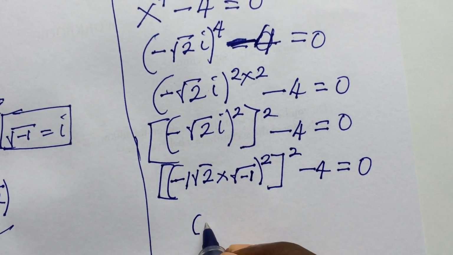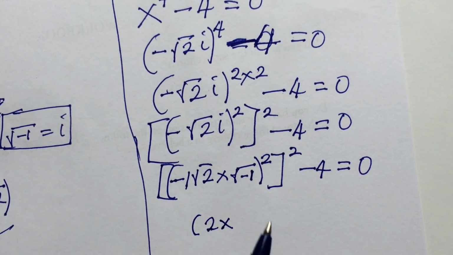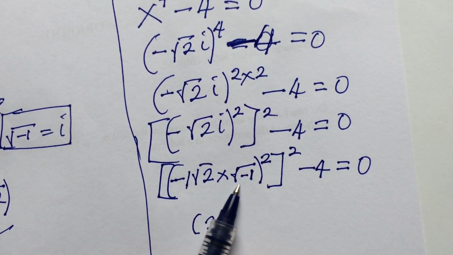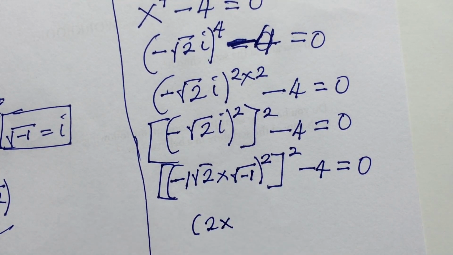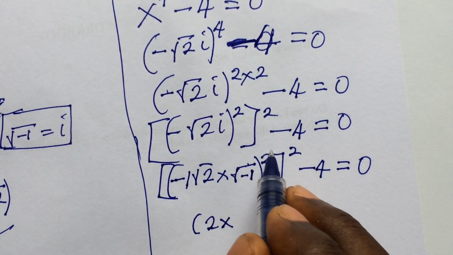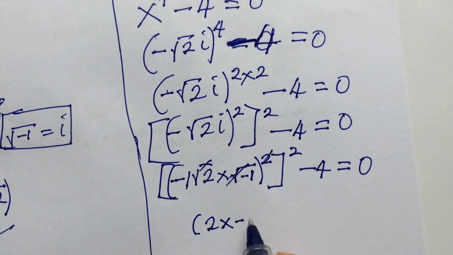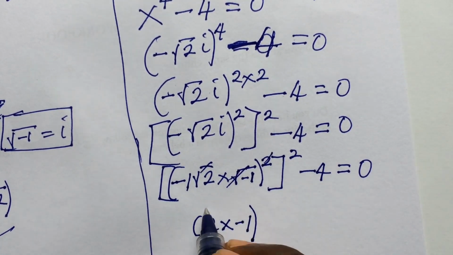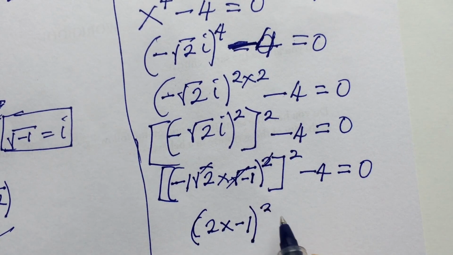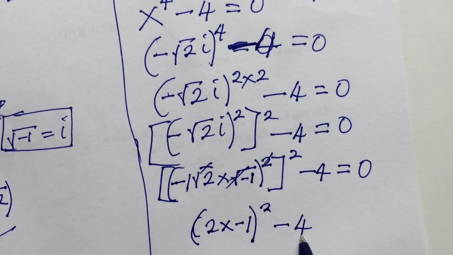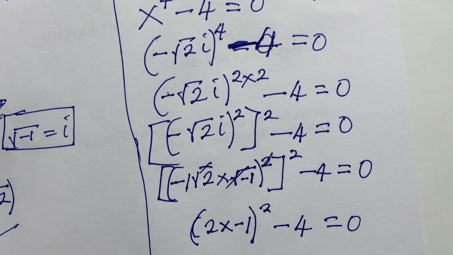So we're going to have 2 times, then the square of root minus 1 will take care of this. In other words, this will go with this. And so we are left with minus 1, close bracket, to this power here, minus 4 equal to 0.